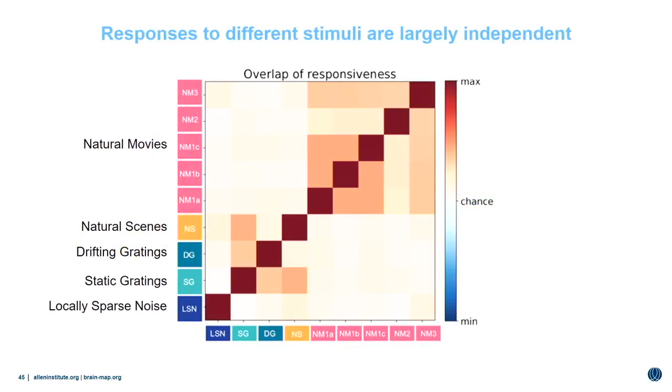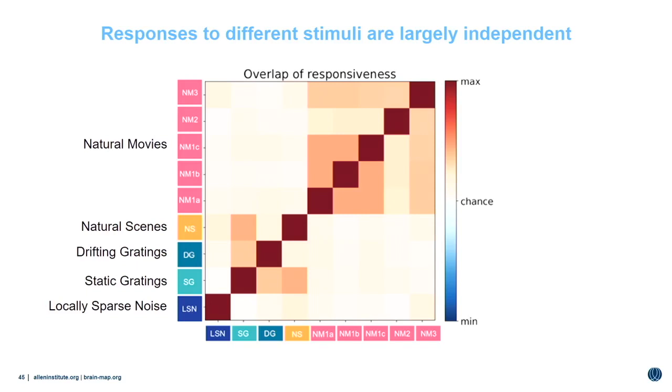So if we look at this for all pairs of stimuli, you see a kind of similar pattern. So dark red here is maximum overlap. And of course, every stimulus has maximum overlap with itself. And dark blue means minimum overlap. Most of these things are very close to chance. Chance is white. If I tell you something responds to locally sparse noise, you gain no information about whether it responds to any other stimulus.